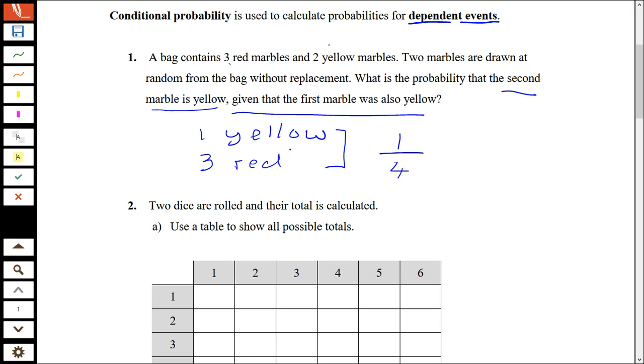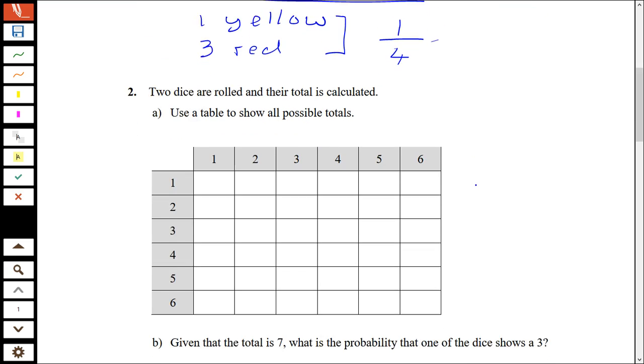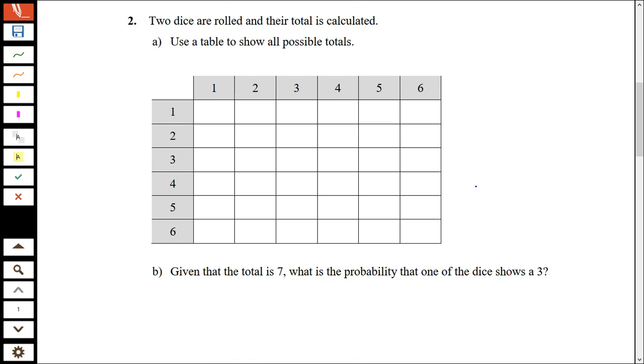Let's have a look at the next question. Now, 2 dice are rolled. We've got to use a table to show all the possible totals. The first dice could show a 1 and the second dice could show a 1, so altogether that is a total of 2.